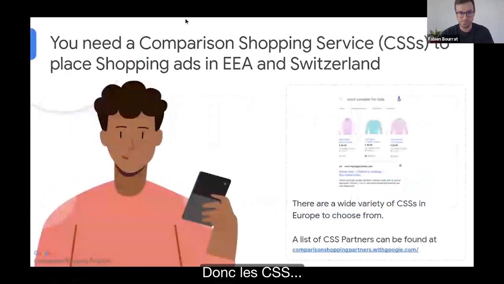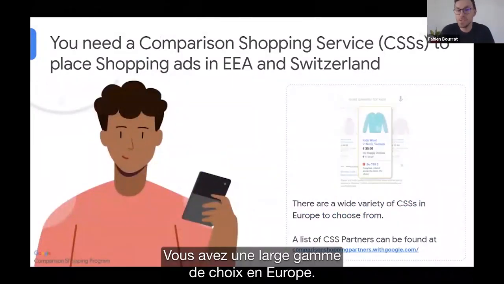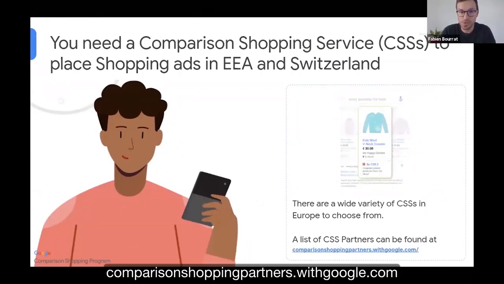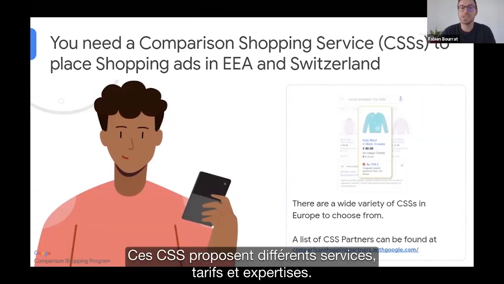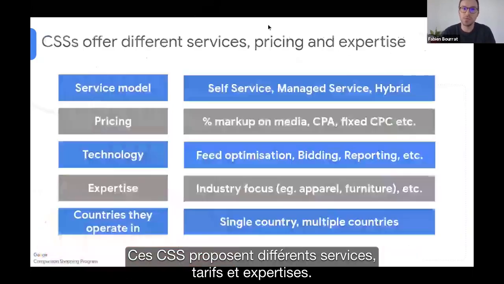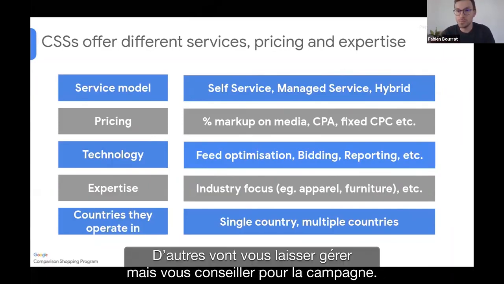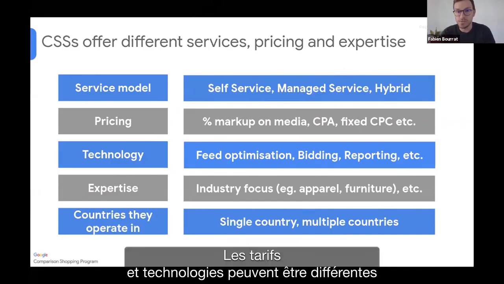You have a wide variety of CSSs available in Europe to choose from. We have a CSS partner website that you can check called Comparison Shopping Partners at withgoogle.com. Those CSSs provide different types of services, pricing, and expertise. Some CSSs would manage the campaign for you. Some will let you manage the campaign, but give you recommendations about the campaigns. They can price differently.